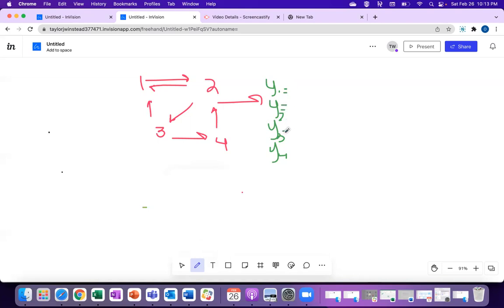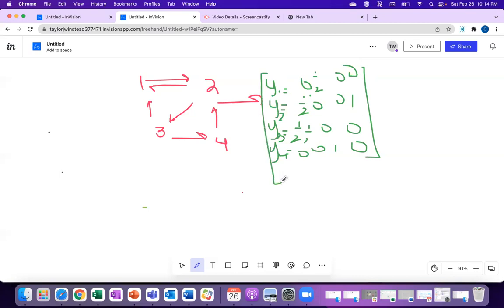And you set that equal to 0, 1/2, 0, 0, 1/2, 0, 0, 1, 1/2, 1/2, 0, 0, 0, 0, 1, 0. This is insanely messy, not super helpful.